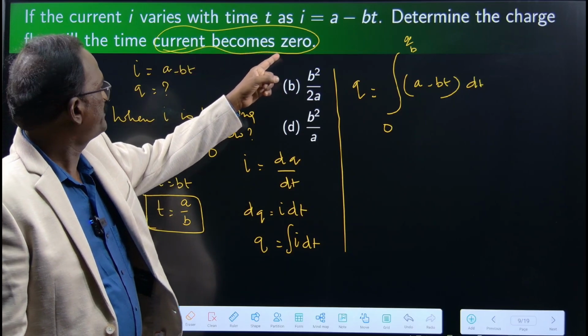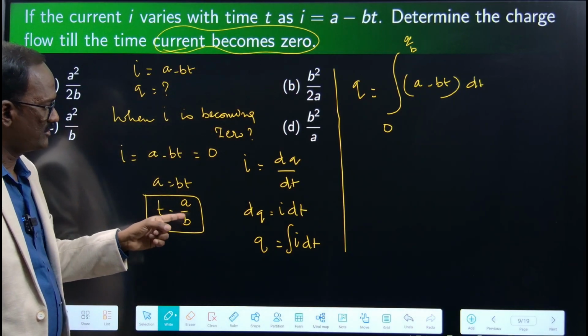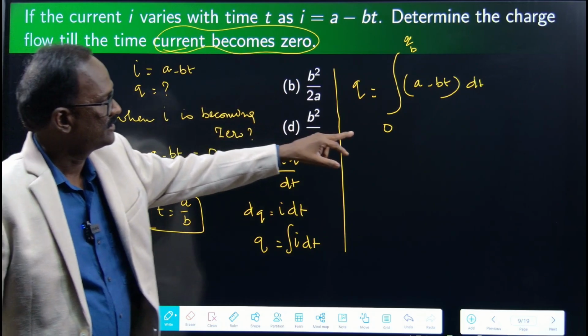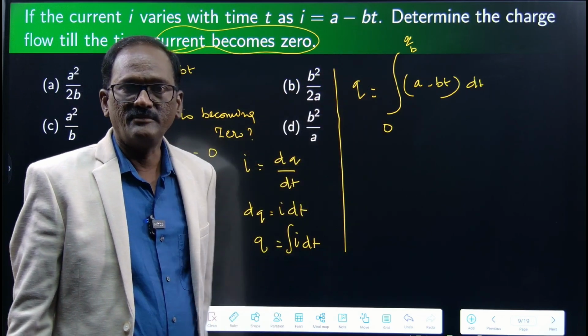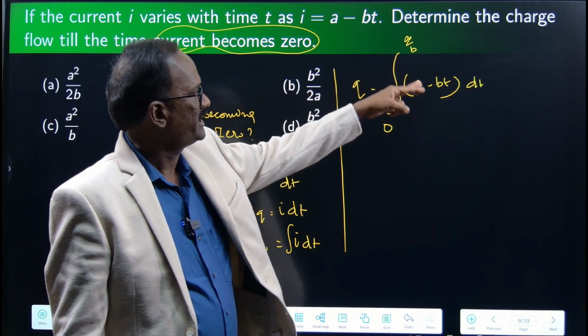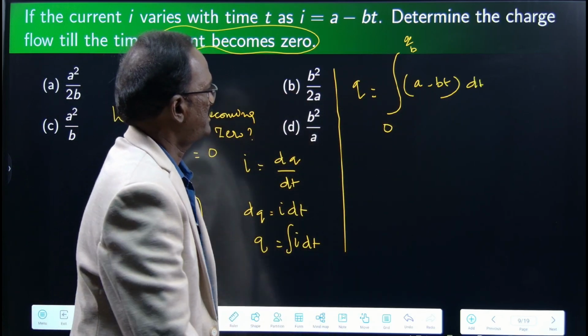The current is becoming 0 when t is equal to A by B. So 0 to A by B. The final time is A by B. At A by B, the current is going to become 0, right?